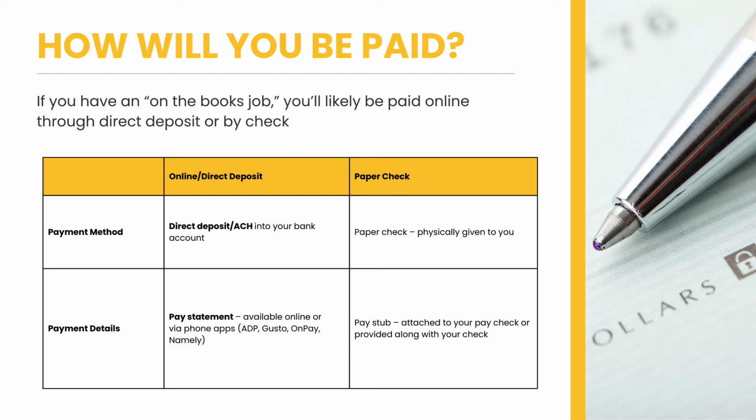If you're paid electronically through direct deposit into your bank account, information about your earnings, taxes, and those deductions will be provided on a report called a pay statement. To see this, you'll likely have to go online or to an app on your phone. And we'll talk a little bit about how to see that pay statement.